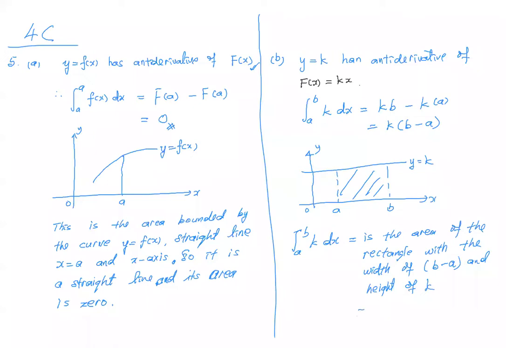So therefore, it is k times (b minus a). Done. You see? That is how you go.